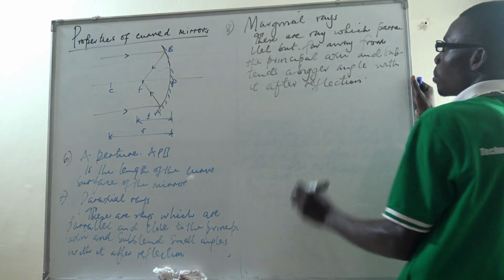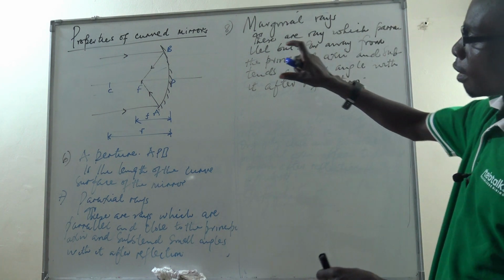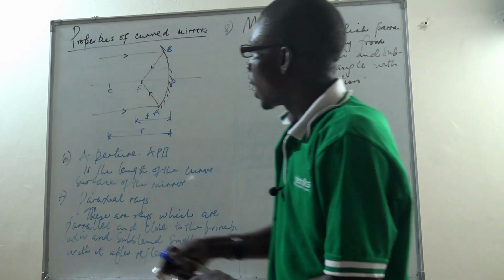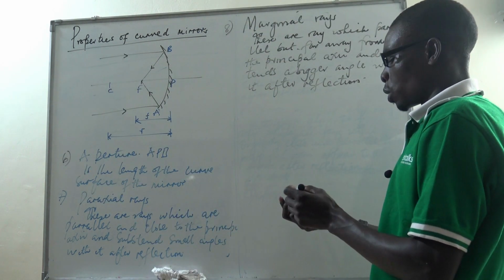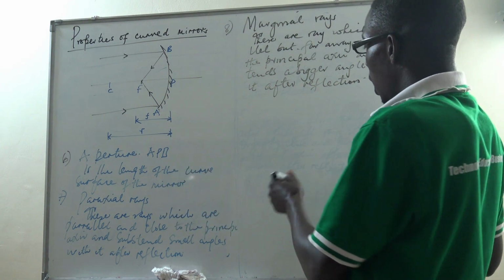So what we mean by marginal rays are rays which are far away from the principal axis, and what is very true with them is that they subtend bigger angles.